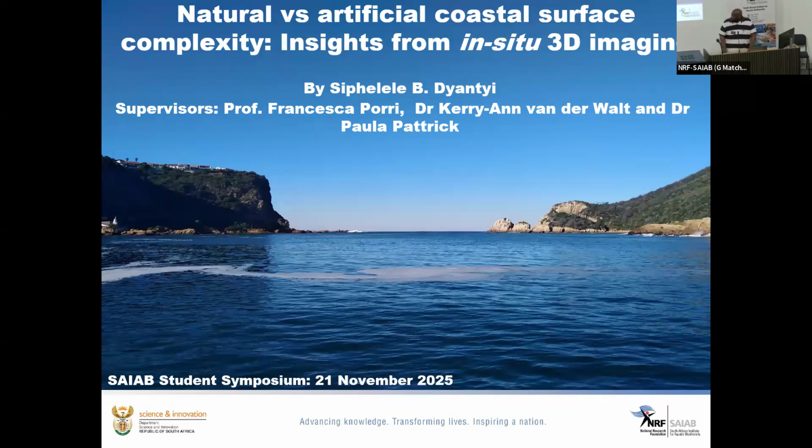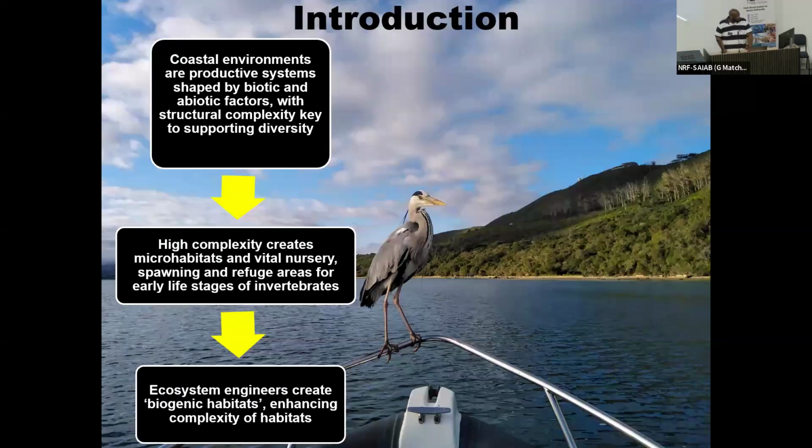All right, good afternoon to everyone. Let's jump straight into it. Coastal environments are productive systems shaped by biotic and abiotic factors, with structural complexity being one of the key factors that influence biodiversity. Structural complexity describes the three-dimensional physical structure of the habitats.